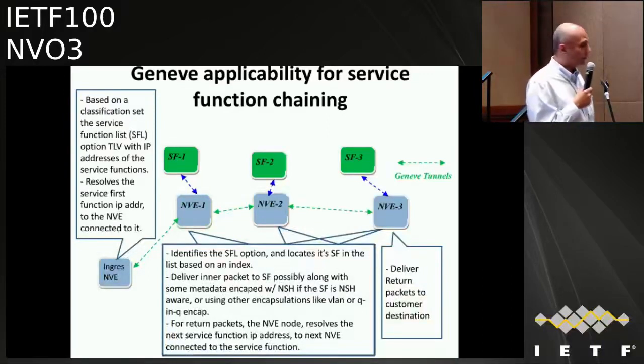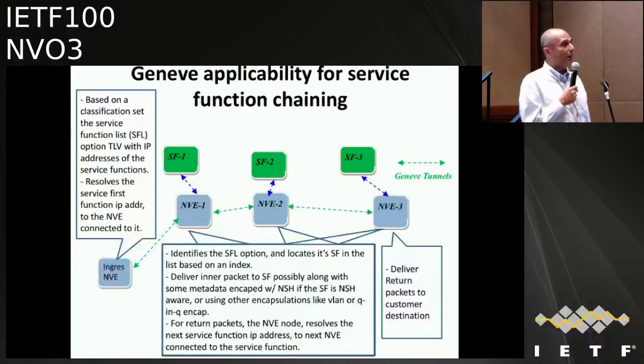If those NVEs are hypervisors, they could be hosting the VNF function. So it will resolve it to the tunnel, to the first NVE, and then the NVE can send the packet to the service function.